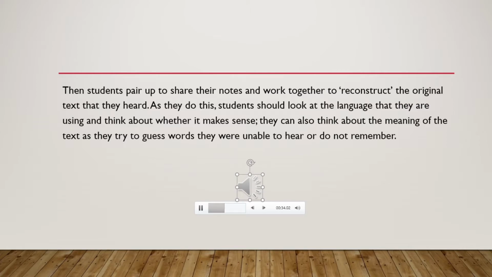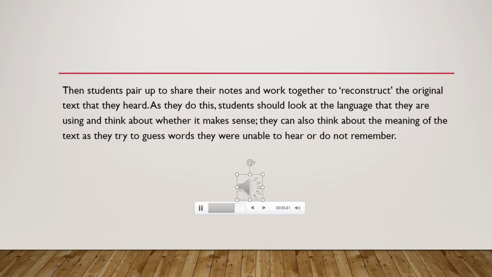And so at this stage, they're beginning to look at their composition, their language, how they're representing the information that they heard, their sentence structure, grammar, etc. And they're also thinking of the meaning of the text, whether their reconstruction makes sense.